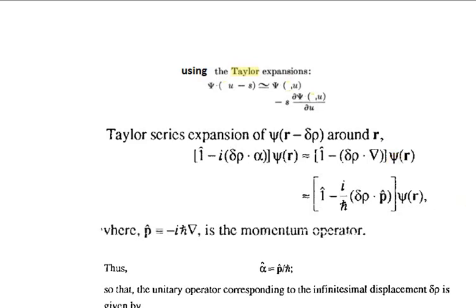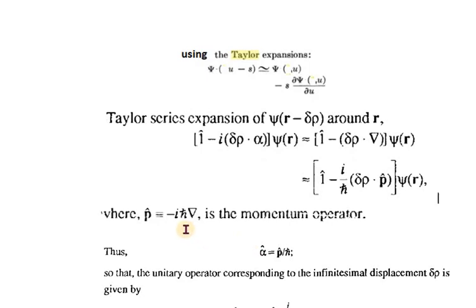We already know that p equal to minus i h cross del, so we write del equal to minus 1 by i h cross p. Then multiplying, we can write 1 minus i by h cross delta rho dot p psi of r, where p is the momentum operator.